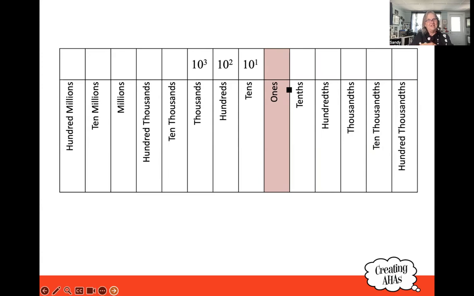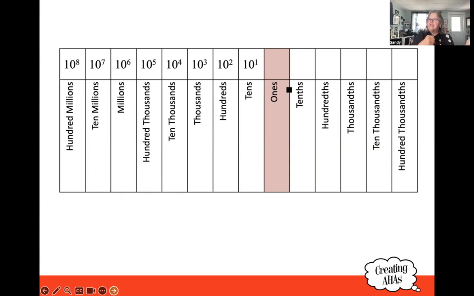The thousands place, three factors of 10, or 10 to the third. What's nice is that the exponent tells us how many zeros are following the one. Hundreds, 2 zeros. Thousands, 3 zeros. And the pattern will continue as we go up through those places to the left of the decimal point.